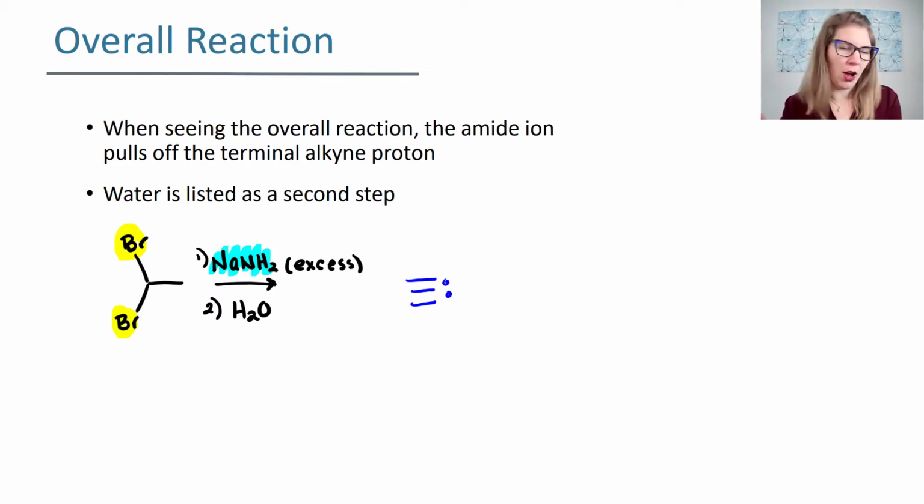And then they draw really unusual things. So we need to stick in our brain that when we go through this process, if the alkyne is terminal, you cannot stop the alkynide ion from forming. And that's why you need water as a second step. So your overall product is going to be this. But after the first step, you make the alkynide ion, and then the water adds to make sure that you end up with a neutral compound at the end.